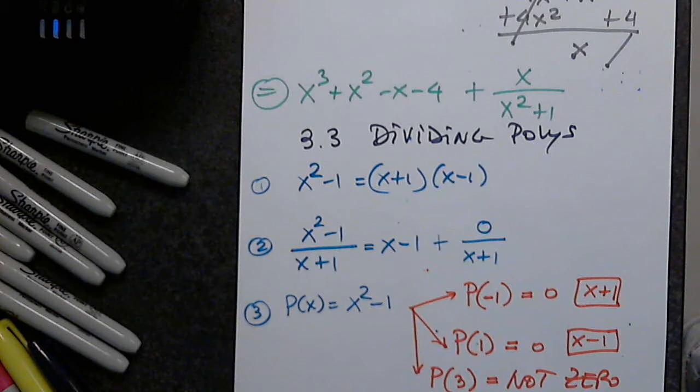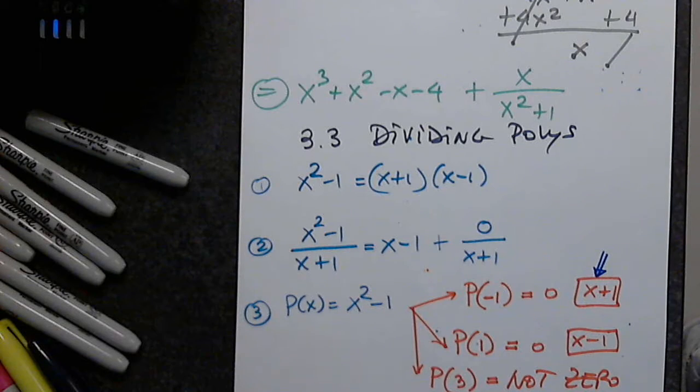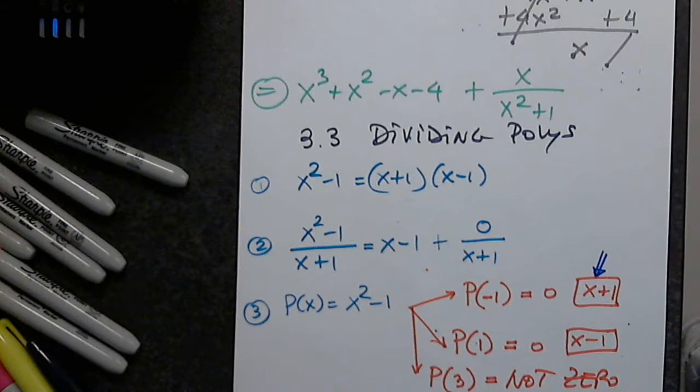You're close, a factor of 9. Factor, right? Or 9 is a multiple of 3, which is the same thing. But I was looking for the word factor. So why do you think when I plug in negative 1, I get 0? What do I have to say about x plus 1? It's the same thing as I say, 9 divided by 3 is 3 because 3 is a factor of 9. X plus 1 is a factor of x squared minus 1. That's it. This is the factor theorem.